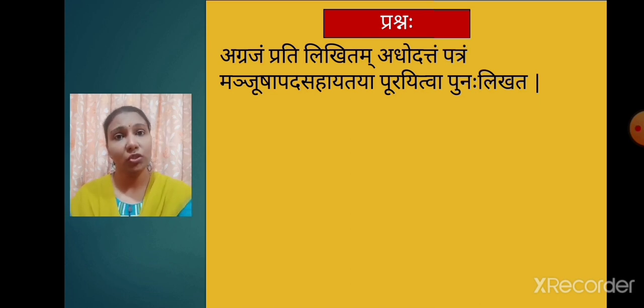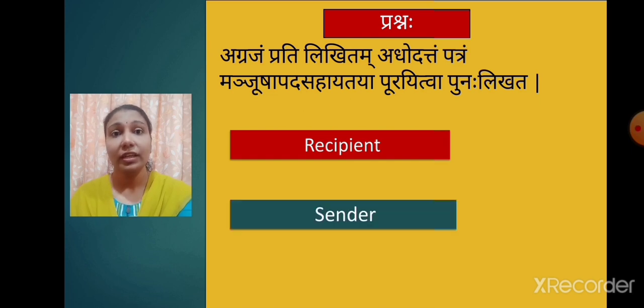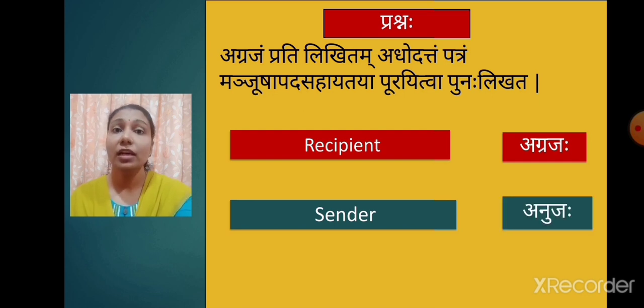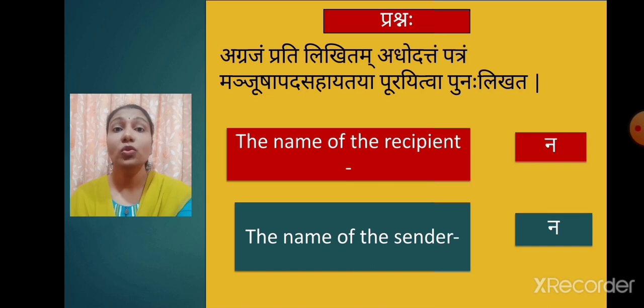After reading the question, we come to know that the recipient of this letter is the Agrajaha, that is the elder brother, and the sender of the letter is Anujaha, that is younger brother. The name of the recipient or the sender is not mentioned in the question. Now let's see the letter.